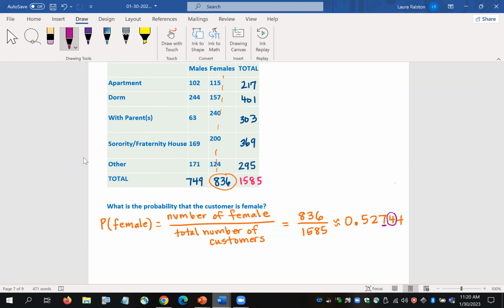If it's 4 or less, you leave it alone. 5 or higher, you round up. So I would leave this one alone. It's going to be 0.527. Now, if I multiply that by 100%, it would be 52.7%. The answer you're usually asked for on the test or your homework is the decimal form. But at this point, we could say approximately 52.7% of the customers for this pizza delivery place are females.